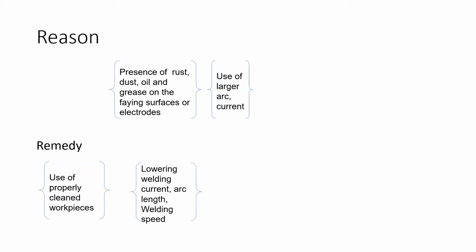Entrapment of gas inside the weld takes place for various reasons. The first one may be the presence of rust, dust, oil, grease, etc. on the faying surfaces. Faying surfaces means the surfaces which you are going to join by weld.